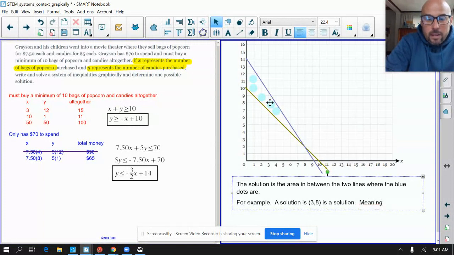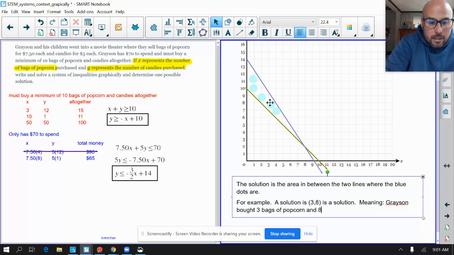So that means that Grayson bought 3 bags of popcorn and 8 bags of candy. Notice 3 plus 8 is 11, which is more than 10.